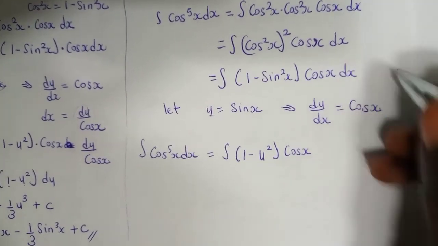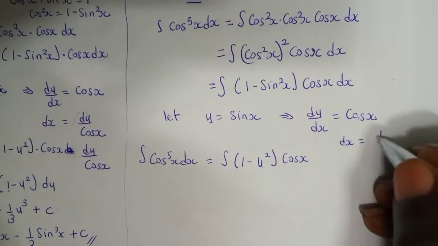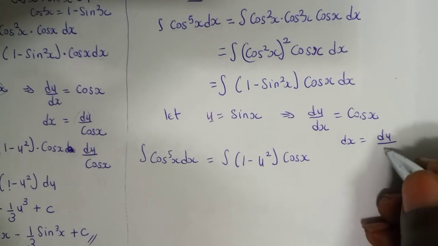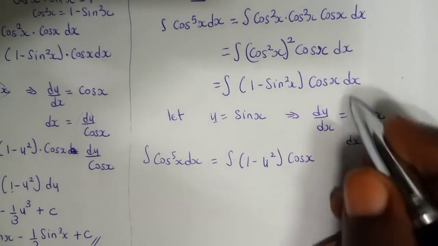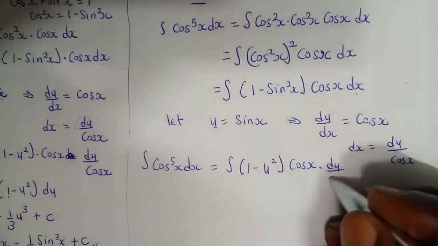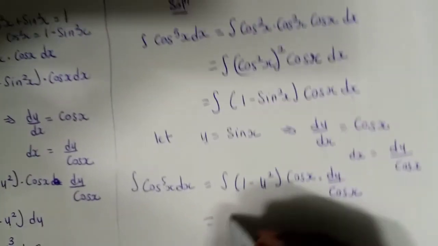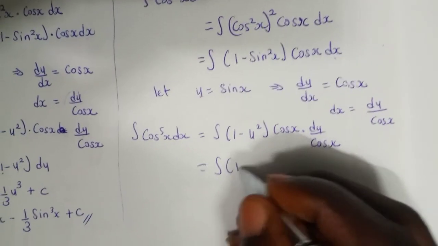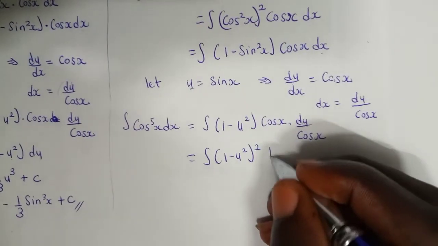In place of dx, we are going to make dx the subject, which is equal to du over cos x. So in place of dx, we are going to write du over cos x. Cos x will cancel cos x, left with the integral of 1 minus u squared, all squared, du.